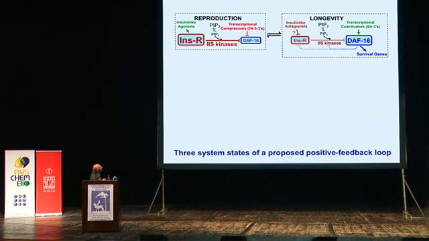So here's the model that we come up with, that you normally have a choice of two modes, and this feedback loop is a flip-flop circuit to alternate between these two modes. The reproductive mode on the left has high activity of the insulin receptor, which inhibits DAF16, so it has little activity.